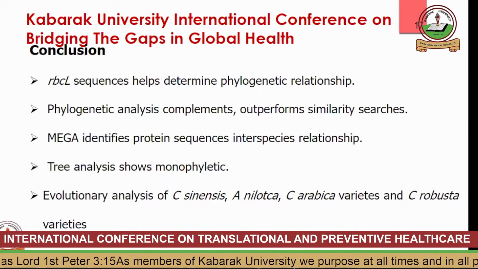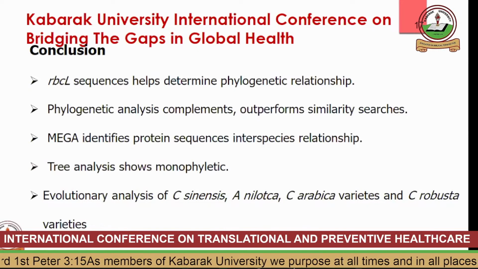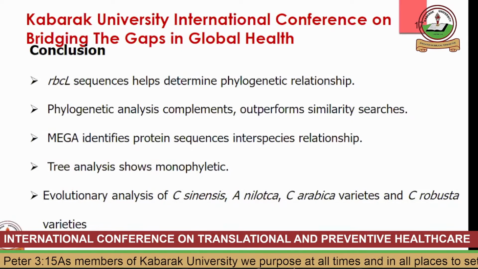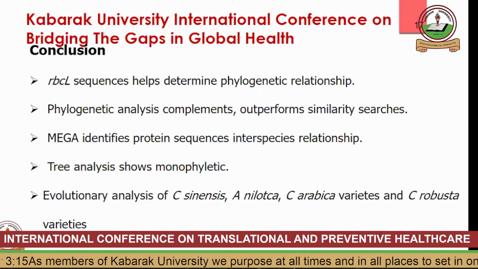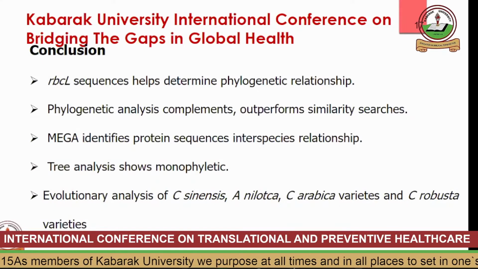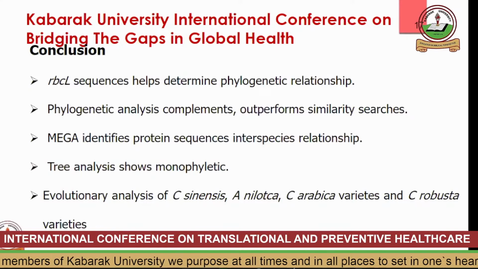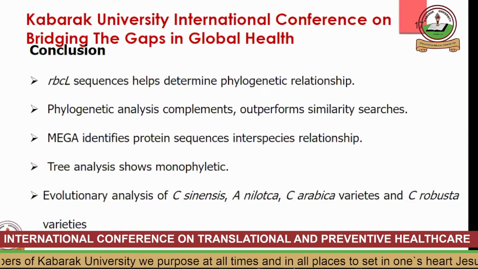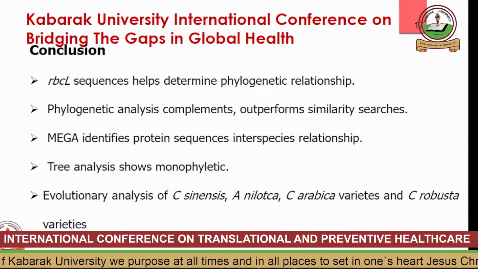So the purpose of this rbcL gene is to help determine the phylogenetic relationship of all kinds of plants that you would want to know, and whether they are distantly related or closely related. If they are closely related, how close are they? Are they forming sister groups? Are they forming distant sister groups or cousins?